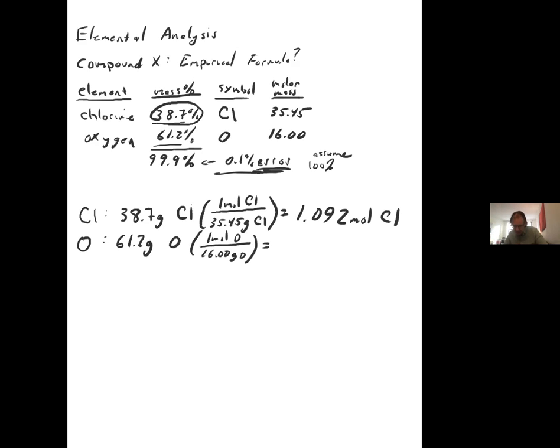Remember, the grams divided by grams cancel, and you get moles. So 61.2 divided by 16.00, 3.825. Again, I'm keeping one extra sig fig because this is an intermediate step. Now the next step is divide by the smaller.